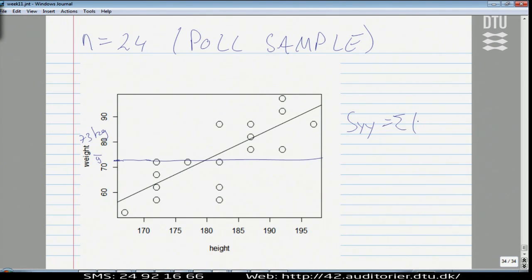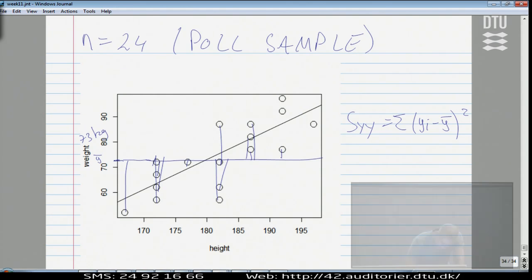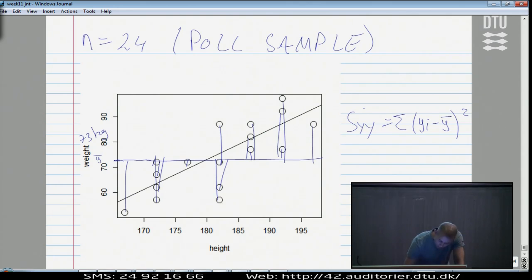That would be each individual Y subtracted using its own average. That would be like these bars here. All of these would be yi. These are yi minus y bars, right? This is a rather big number. There's a large y variability going on here.